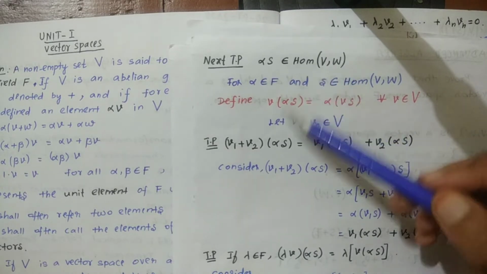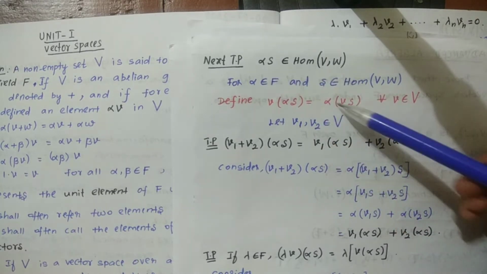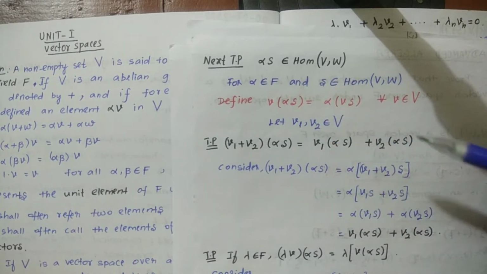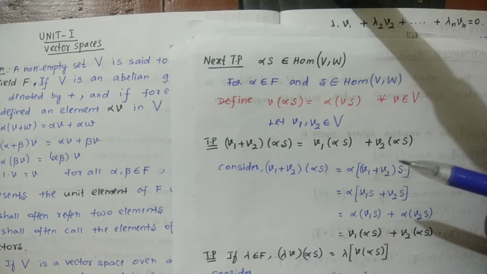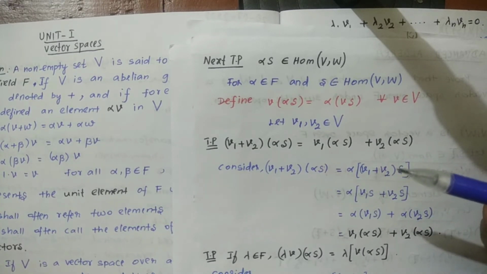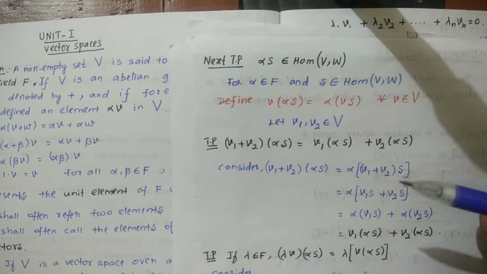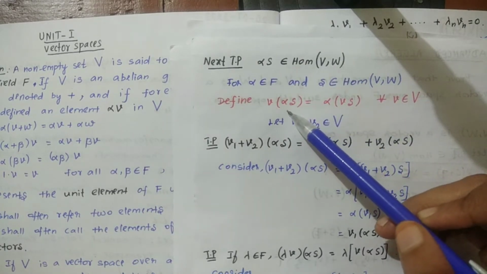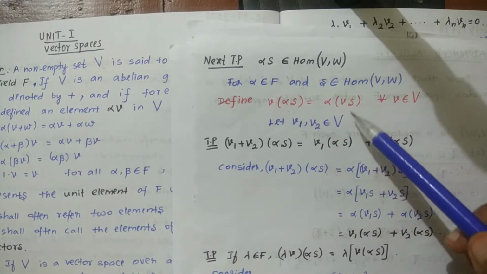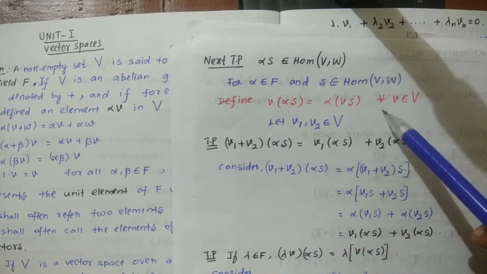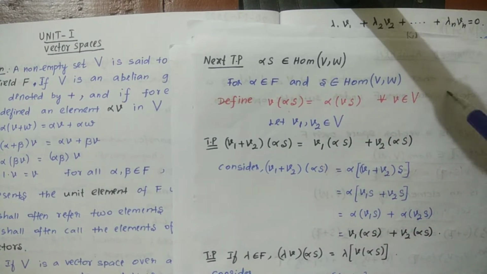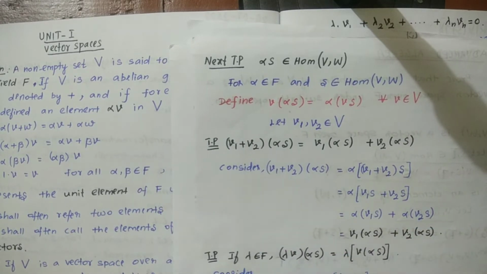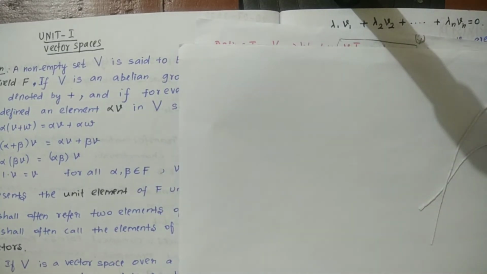So for that, first you are defining something like we previously did. You are defining v of alpha is equal to alpha of vs for all v belongs to capital V. Similar to the previous part.